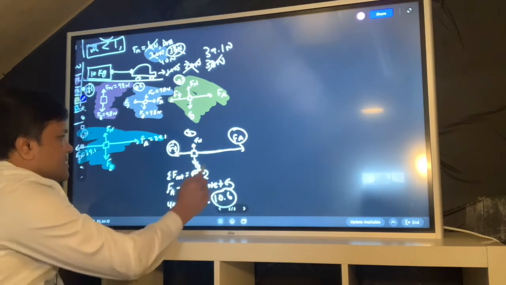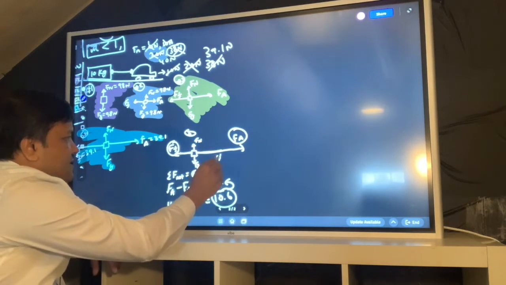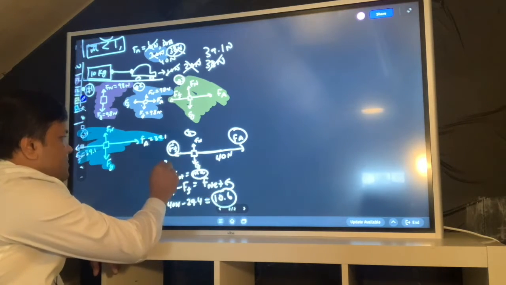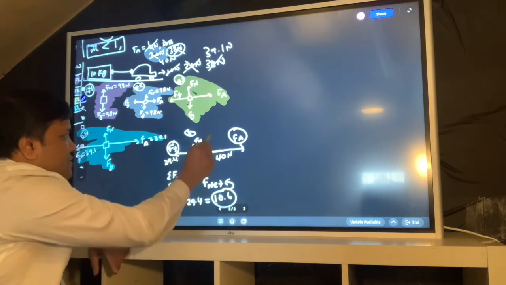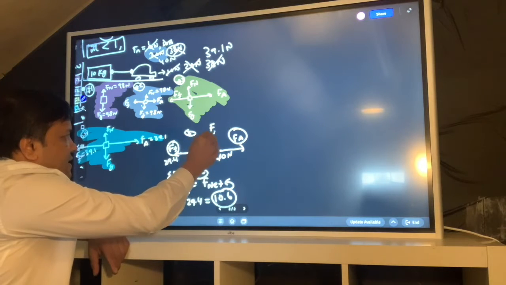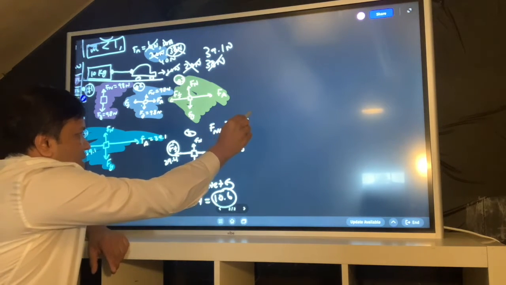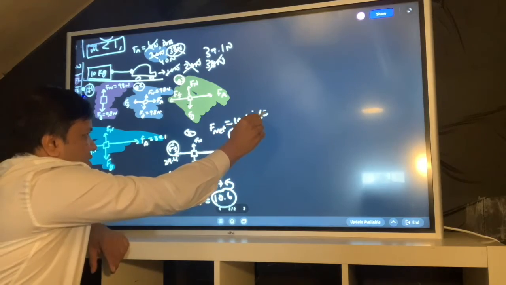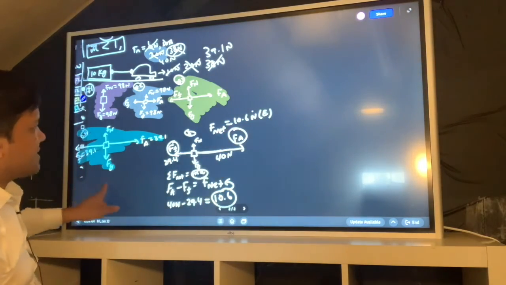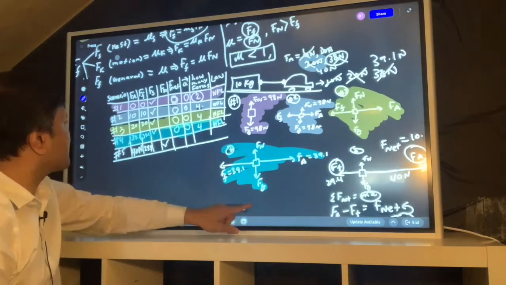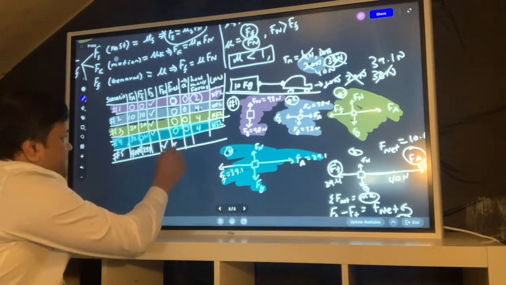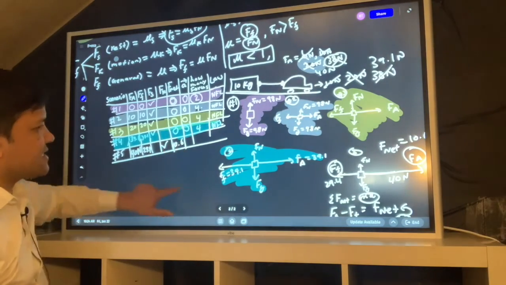So this is 40 Newton. This is 29.4. So F net is 10.6 Newton to the east. All right, so we're going to write 10.6. So what is the acceleration?